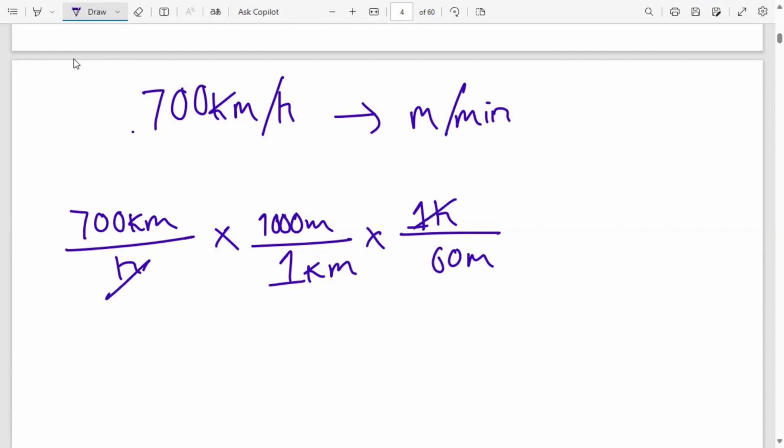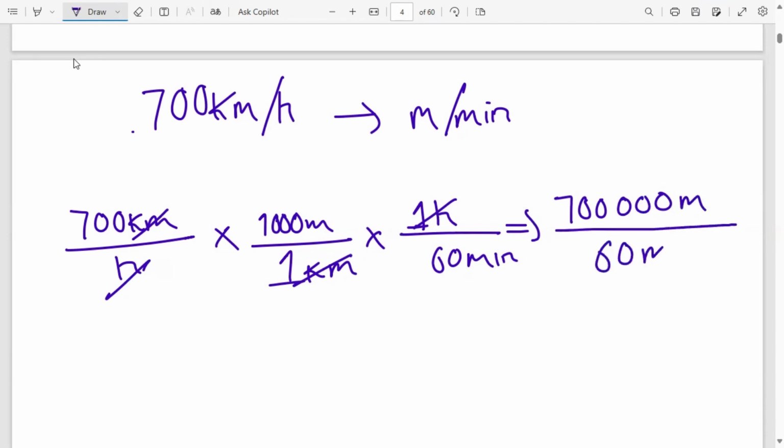So the hour and the hour will cancel out. The kilometer and the kilometer will also cancel out. So what are we going to remain with? We remain with 700 multiplied by 1000. That will be 700,000 meters divided by 60 minutes, like that.